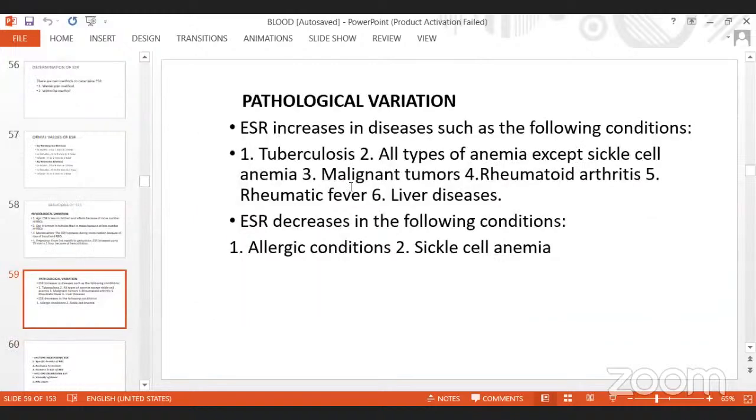In pathological conditions, ESR increases in disease conditions such as tuberculosis, anemia except sickle cell anemia, malignant tumor, rheumatoid arthritis, rheumatic fever, and liver diseases. In allergic conditions and sickle cell anemia, a decrease in ESR levels will be seen.